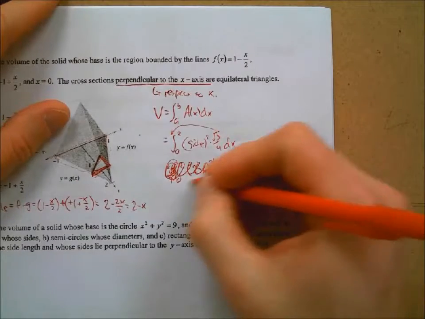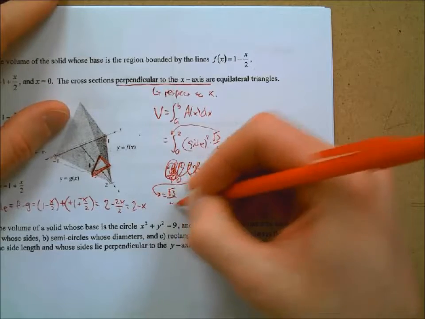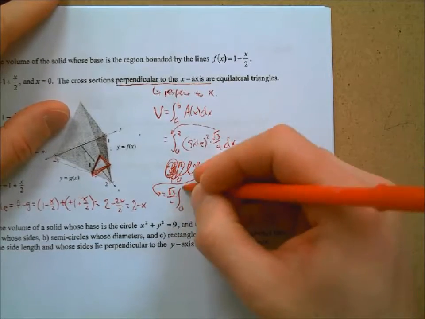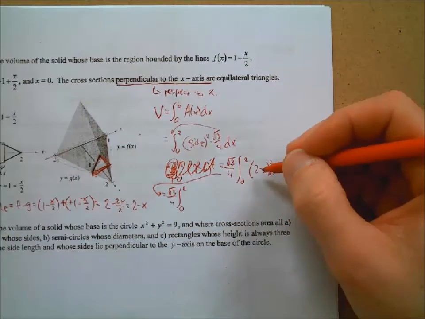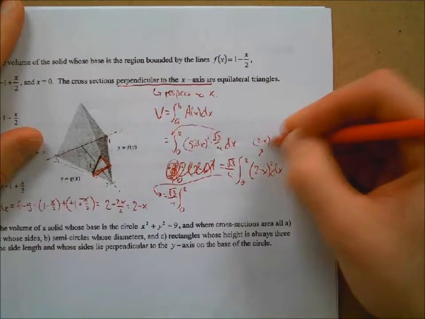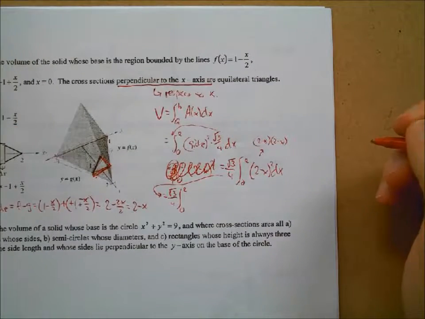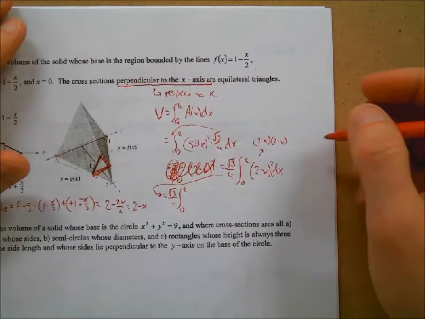So I'm going to go down here now and say root 3 over 4 integral from 0 to 2. Okay, if we square 2 minus x, remember it's 2 minus x times 2 minus x, right? Just FOIL that out. Okay, do not give me 4 minus x squared there, please. Do not give me 4 minus x squared.